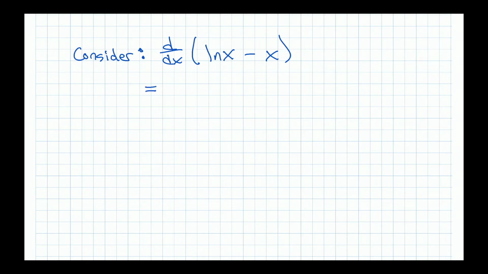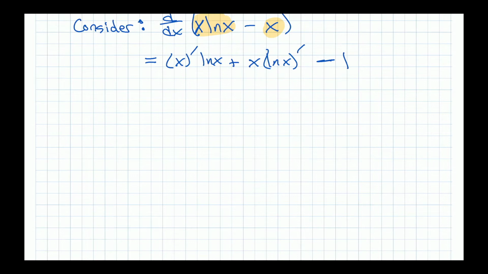If you were going to take this derivative, x ln x minus x, then the way you would do it is you would need a product rule for this part, and the x is going to be easy. All right, so let's take the derivative, and we're going to use the product rule. So to take the derivative of x ln x with the product rule, it's going to be x prime ln x plus x ln x prime, and then when we take the derivative of that x there, it's just going to be minus 1.